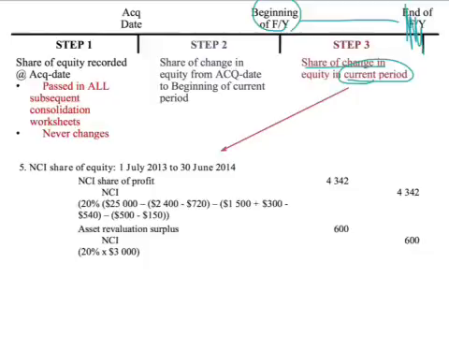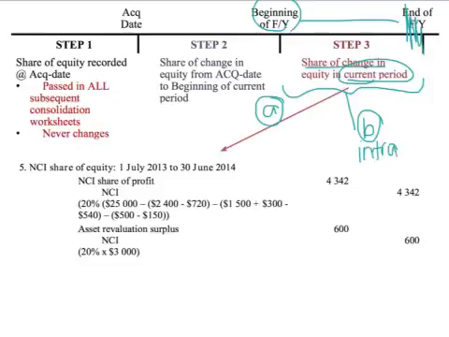Now, as I mentioned previously, this step I want to split in two parts. Part A basically covers the profit of the subsidiary for this year and other movements in the equity balances. The B part, which I'll cover in the next video clip, is the NCI effect of intergroup transactions.